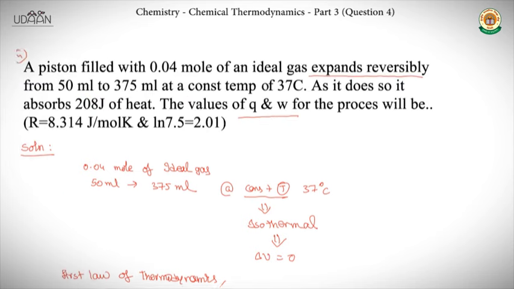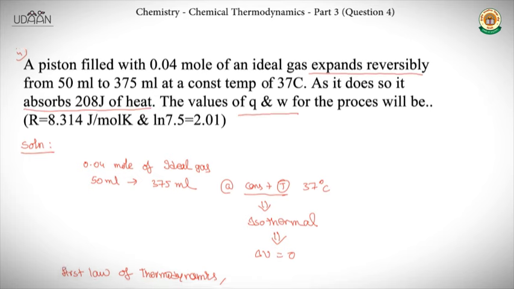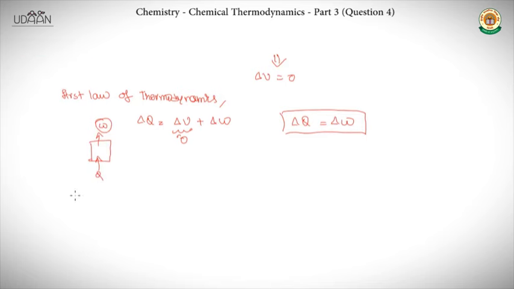In the question they gave that it is absorbing 208 joules of heat. So heat is into the system. What will be the sign? Positive. Heat is into the system. So Q equals plus 208 joules.